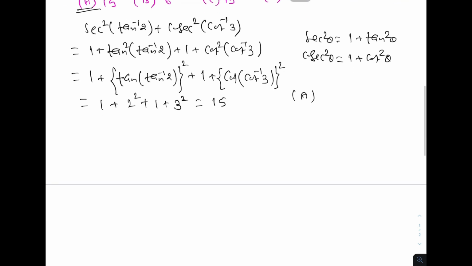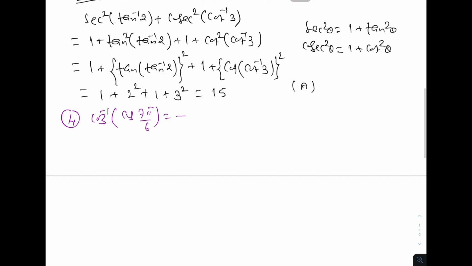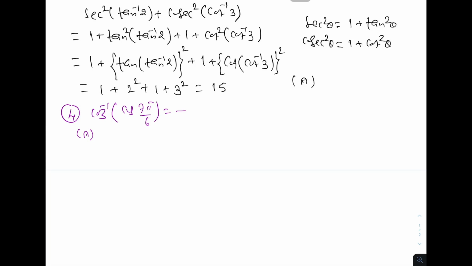Okay, let us take one more. Cosine inverse cosine 7 pi by 6 equals blank.